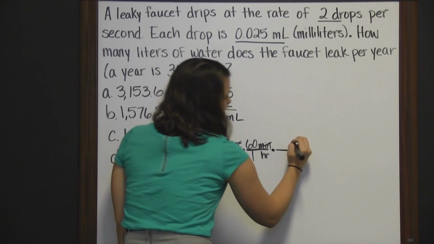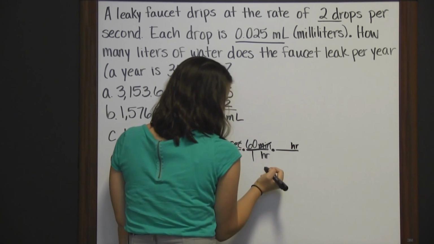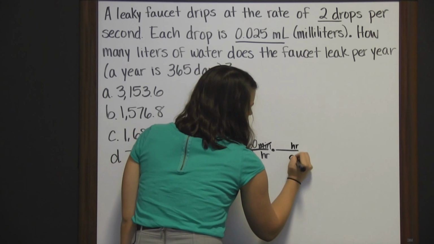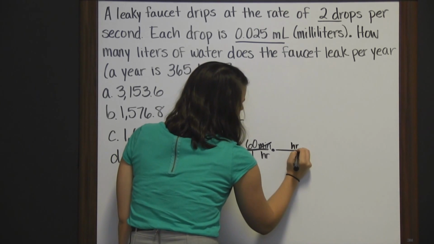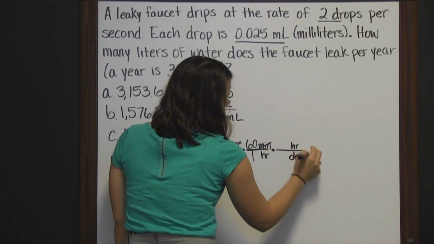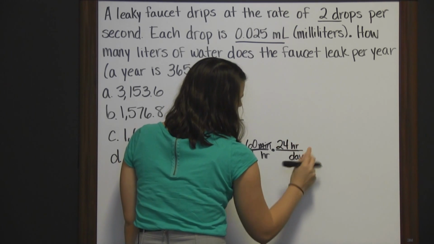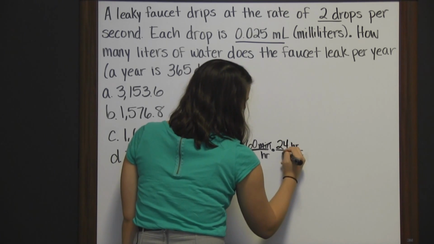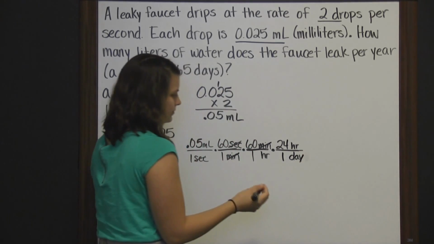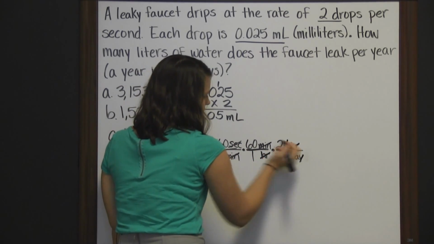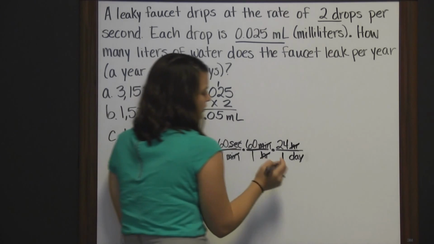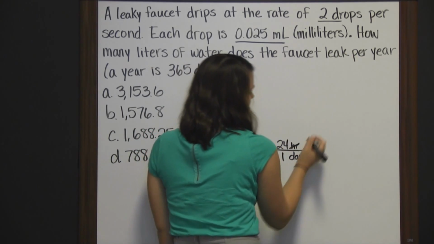So now hours needs to go in the numerator. And I'm going to convert hours to days. I know that there are 24 hours in 1 day. So my hours cross cancel. And I've converted now into days, so I'm almost there per year.